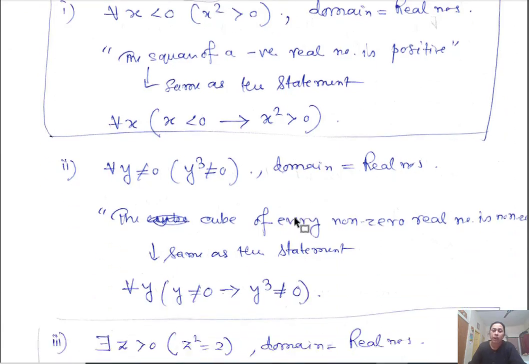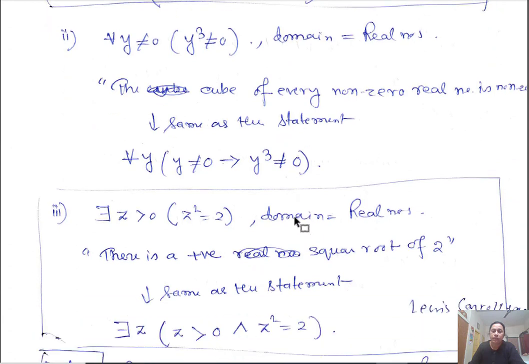Okay, and in the case there exists z greater than 0 such that z square equal to 2, the domain is real numbers. So in English it says what? There exist positive real numbers, z greater than 0, z square equal to 2.